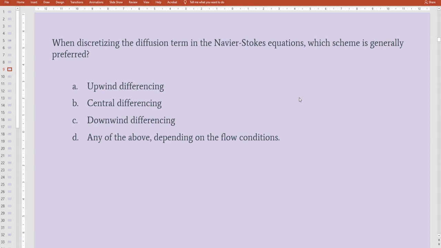Next question. When discretizing the diffusion term in Navier-Stokes equation, which scheme is generally preferred? Option A, upwind differencing. Option B, central differencing. Option C, downwind differencing. Option D, any of the above, depending on the flow conditions. You can inbox your answers.